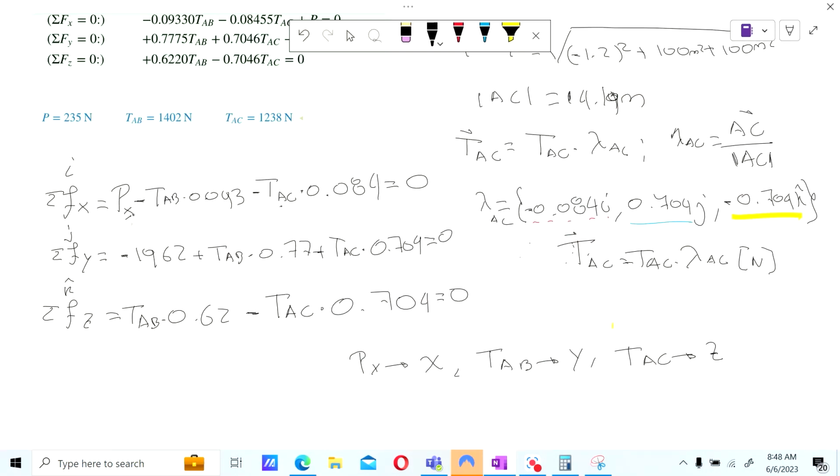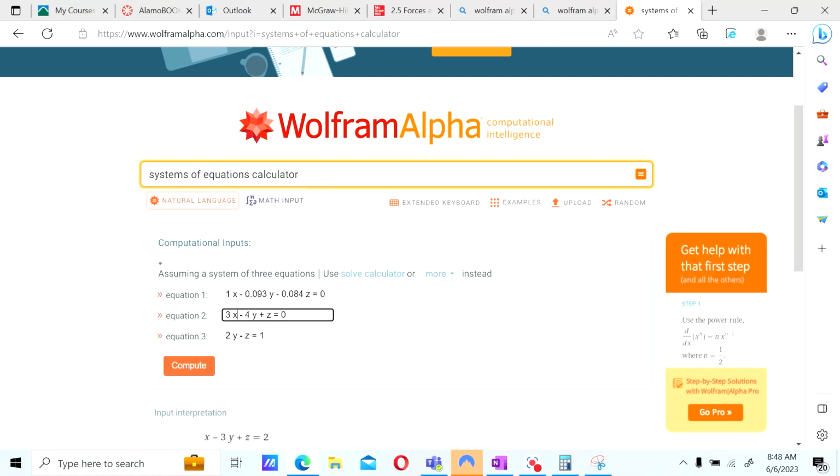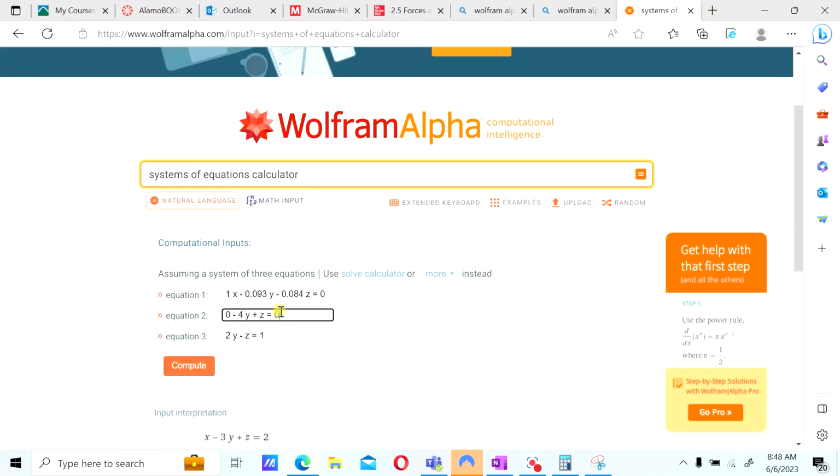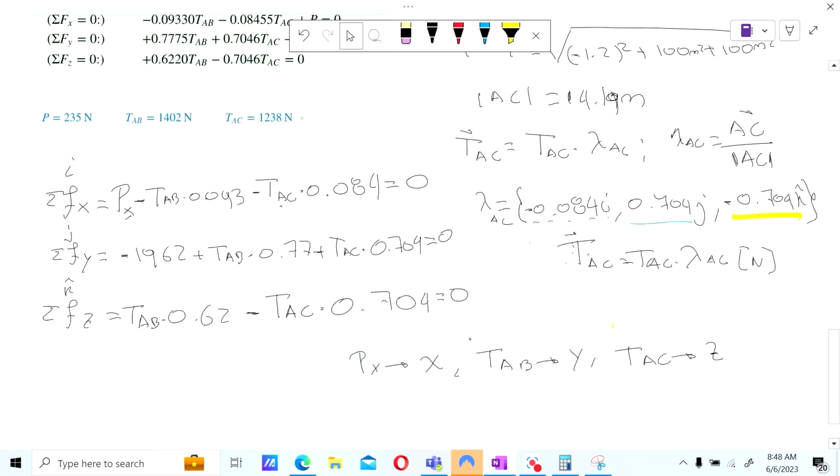Then we have no Px here, and actually we can take 1962 to this side of the equation, 1962 positive. So no Px, therefore we have 0.